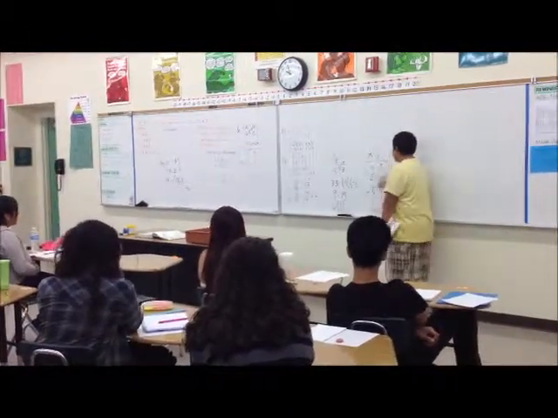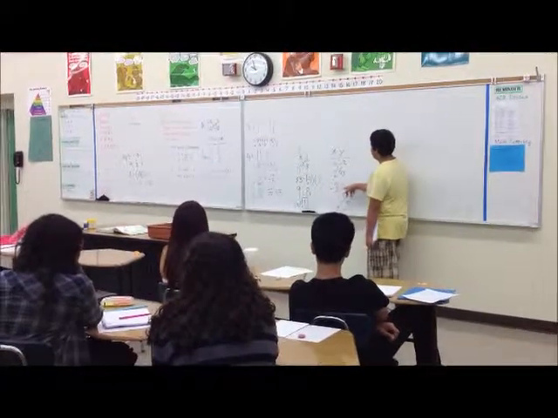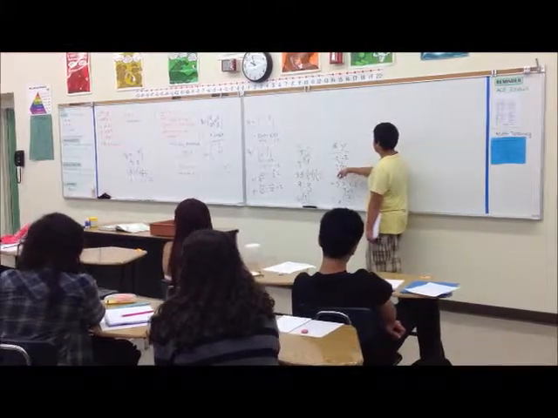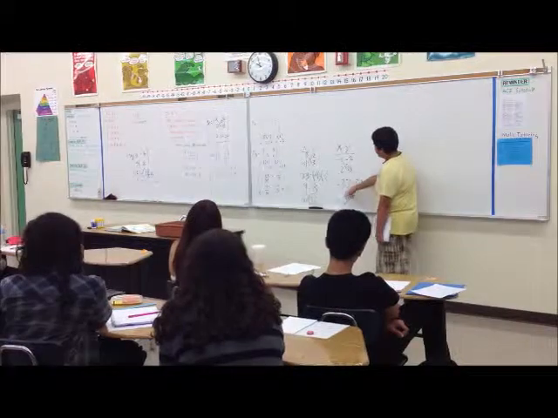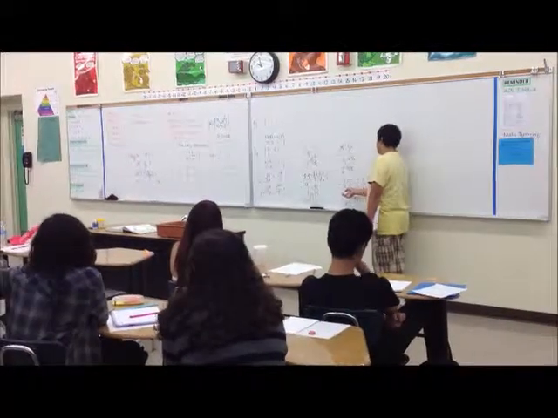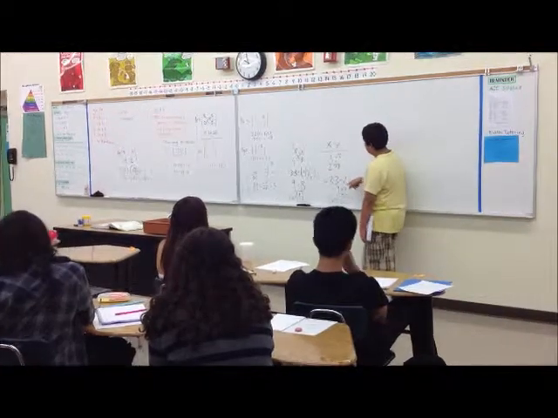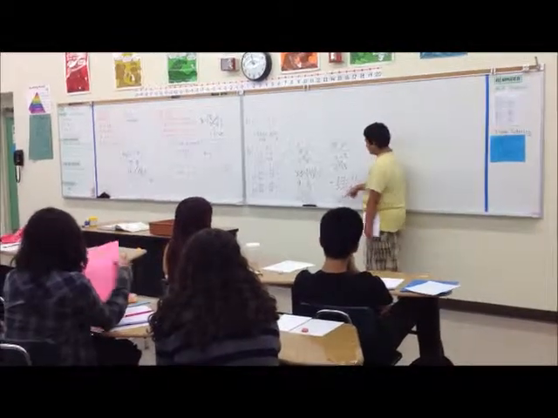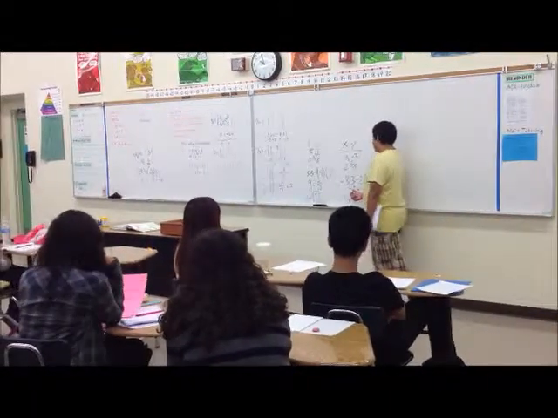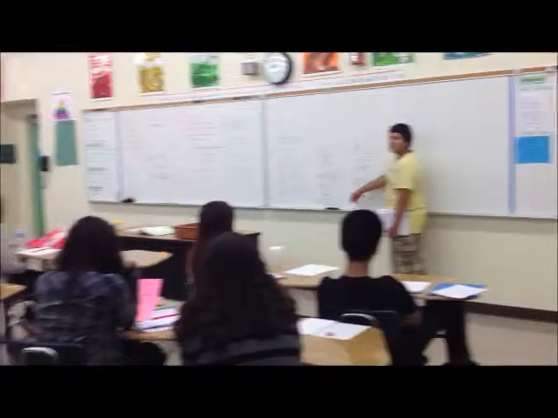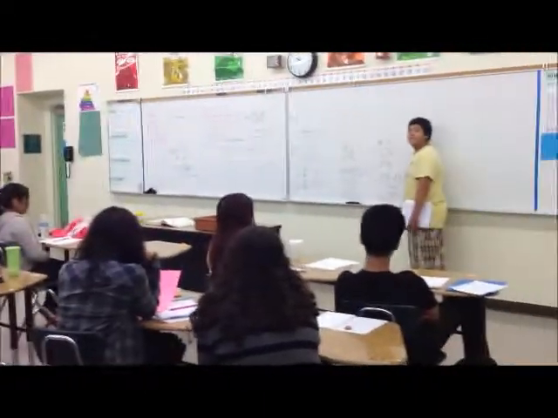So you cross multiply, so negative 3 times 3 minus 2 times negative 2. So negative 3 times 3 is negative 9. And then negative 2 times negative 2 is positive 4. And negative 9 plus 4 is negative 5. So the dx is negative 5.